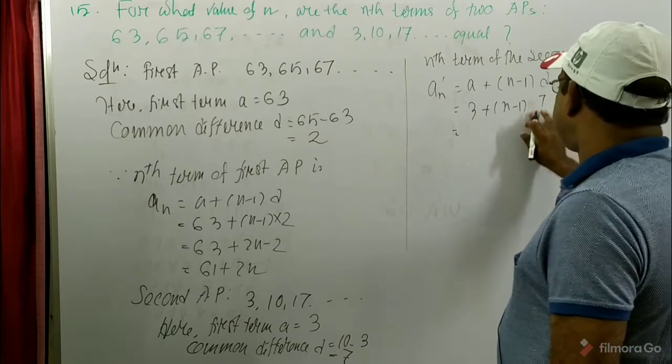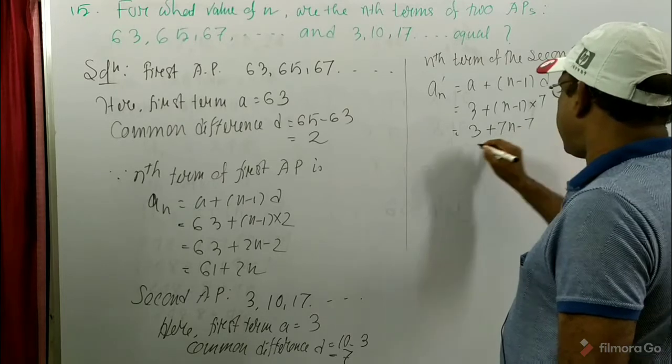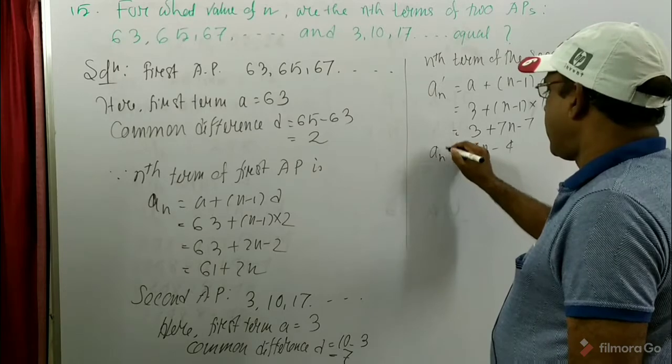So this is 3 plus 7n minus 7, which is 7n minus 4. This is an dash.